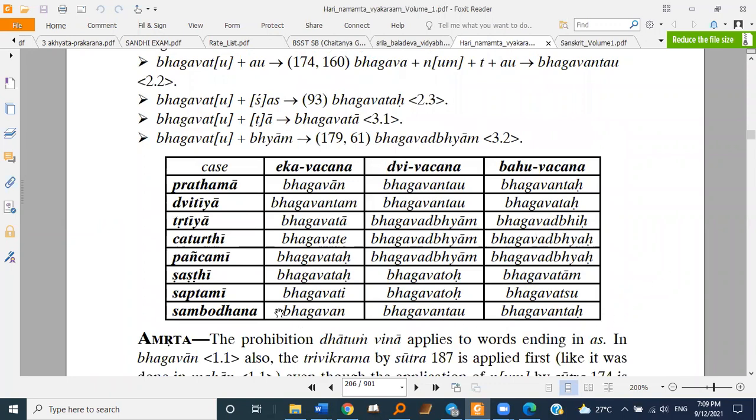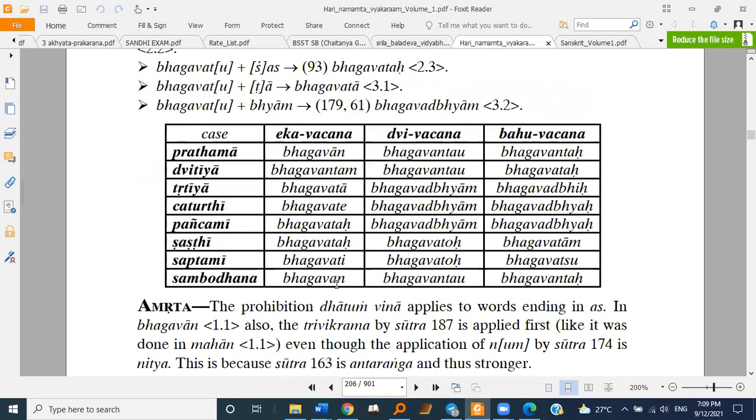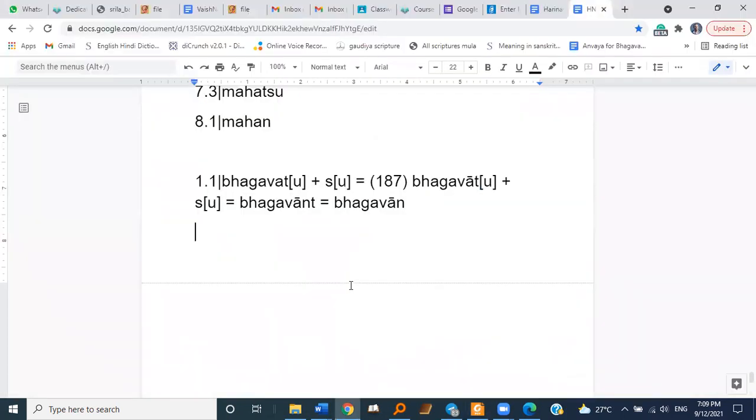In 8.1, Bhagavatu Yuktasu. So here, Atva Santatta Vasati Vikram Buddha Varjita So. That sutra, this 187, says that the Uddhava will not become Trivikrama when Buddha follows.